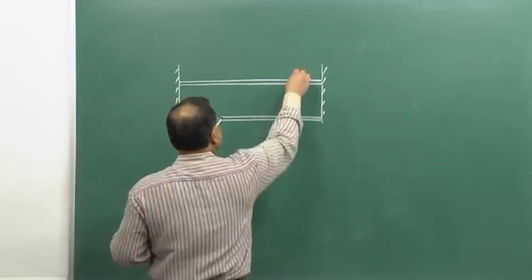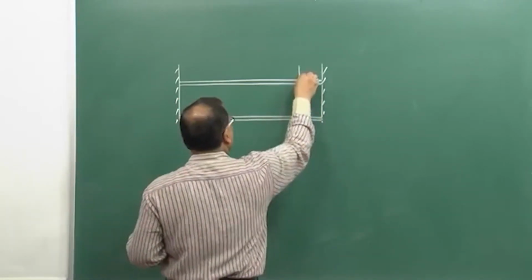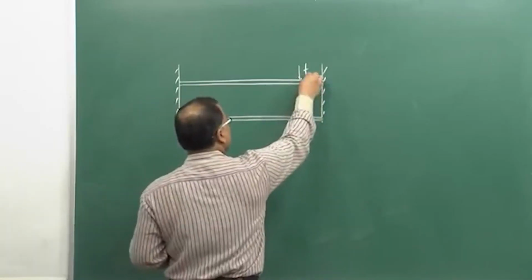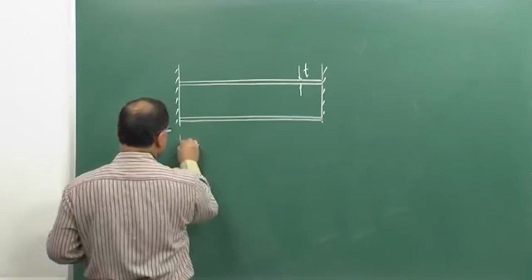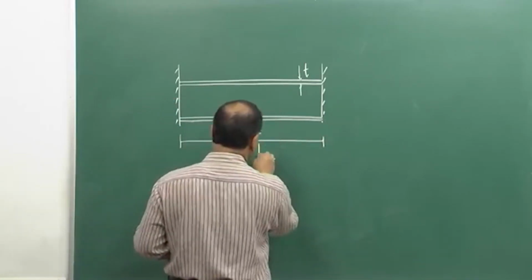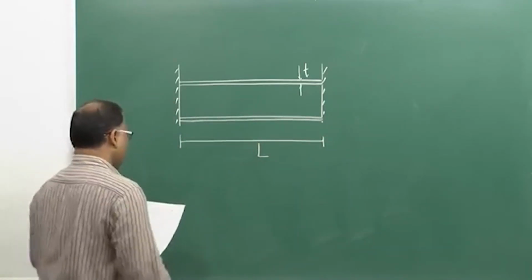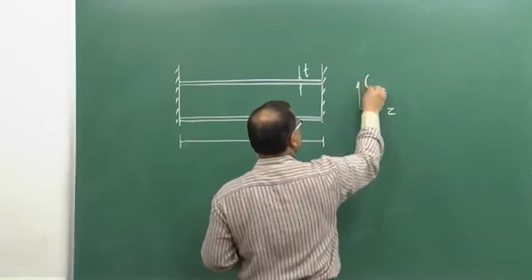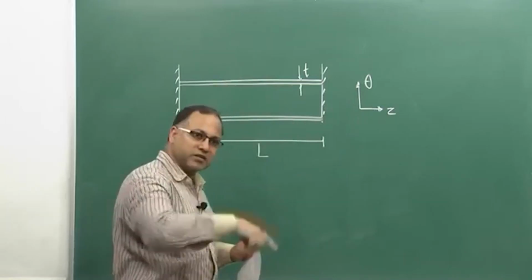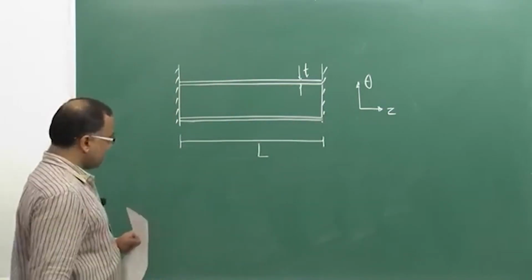And this is the thickness of the wall, this is the length of the tank as given in the problem, L, and this direction, say this is Z and this is theta, theta is something like your circumference, that is the hoop direction, okay.